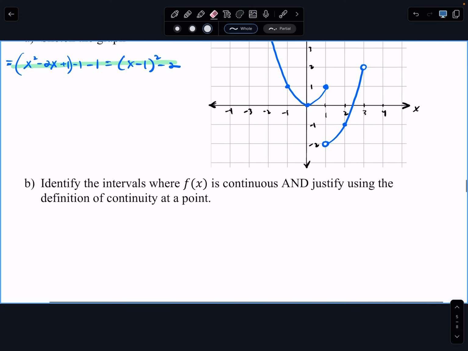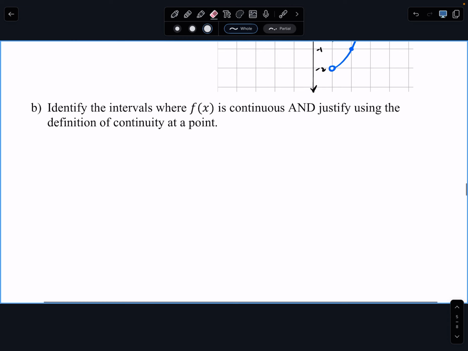Okie dokie. Let's identify the intervals where f is continuous, not just from reading the graph. That's how we would have done it before, but that's not really a true justification for identifying where the function is continuous or discontinuous.